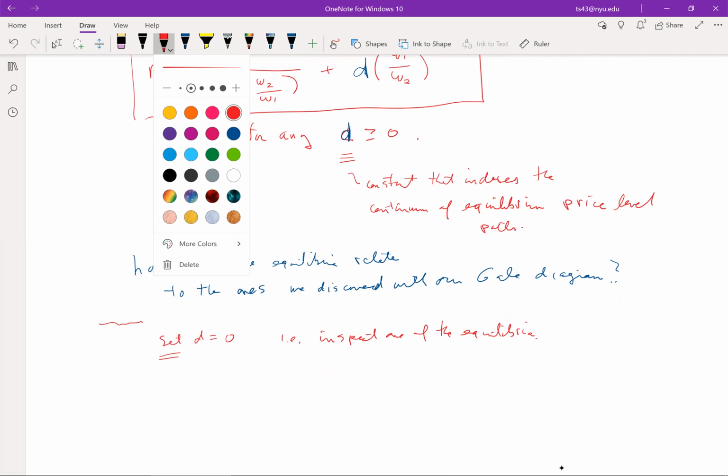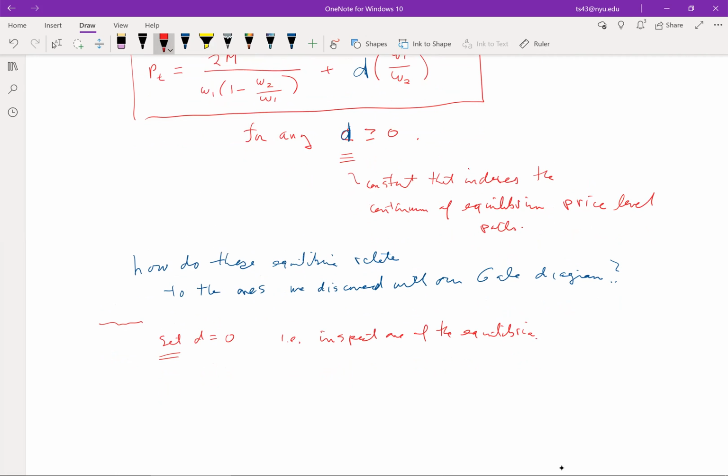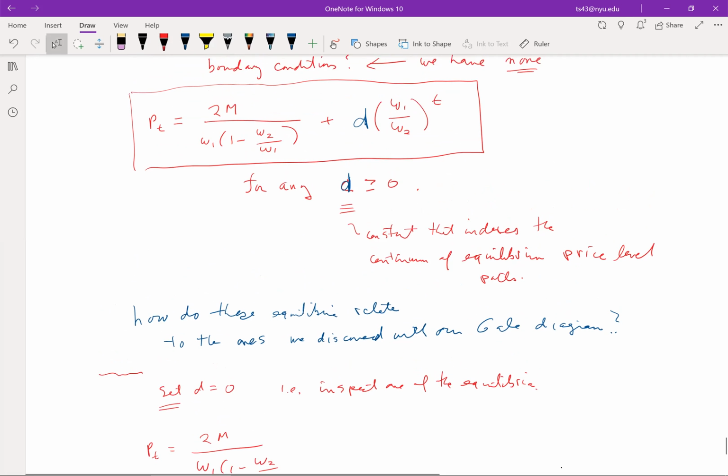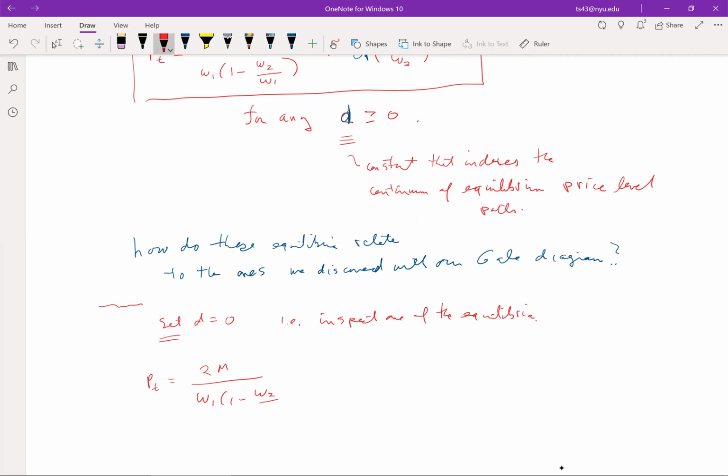So what does that look like? Well, that looks like p_t is equal to 2M over W1, times 1 minus W2 over W1. That's a positive number. You have to check. This is a positive number, and it's constant.